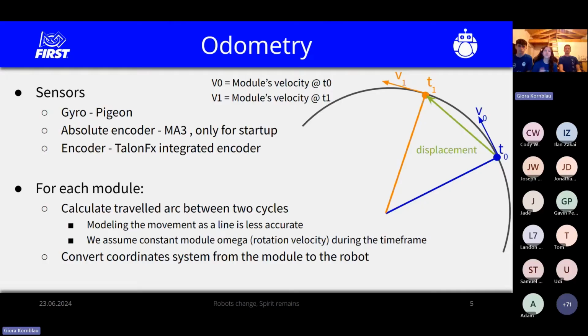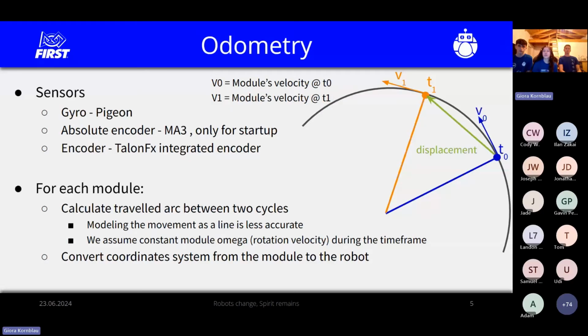So that's how we do our odometry from the bottom up. For each module, we calculate the traveled arc between 2 cycles. In one cycle, at time T0, each module has a velocity V0 in a certain direction.